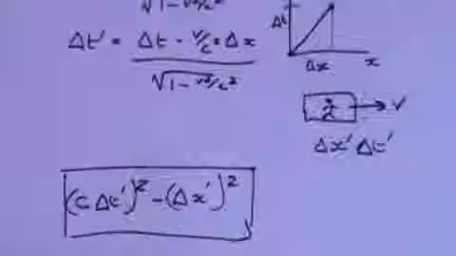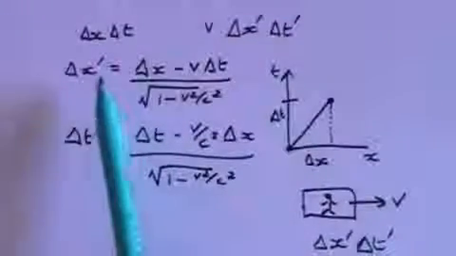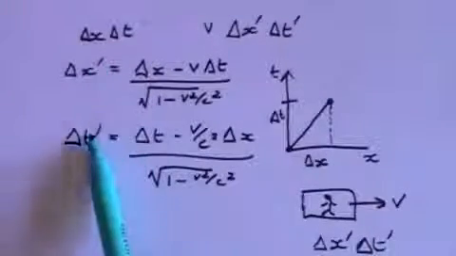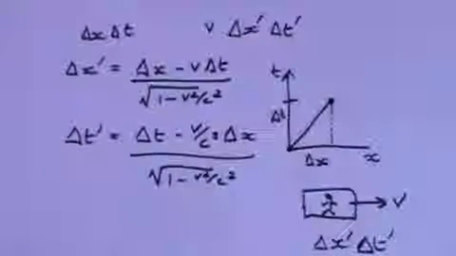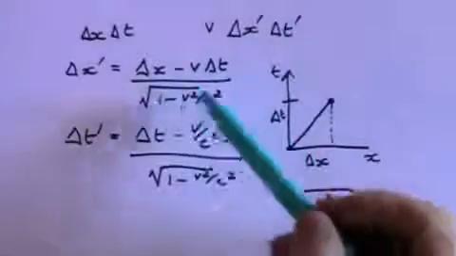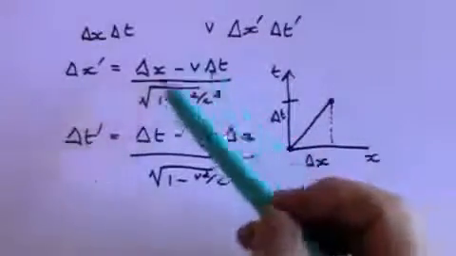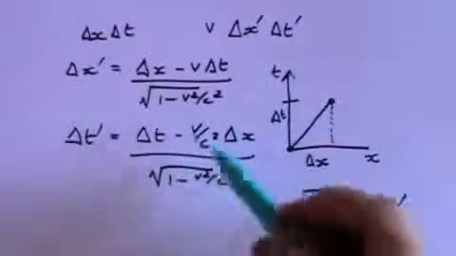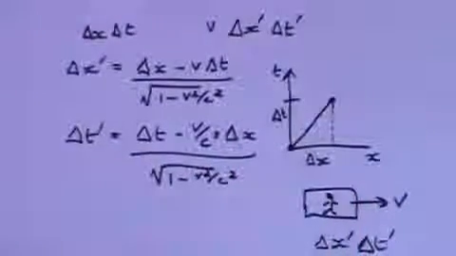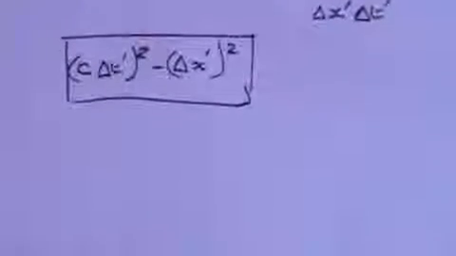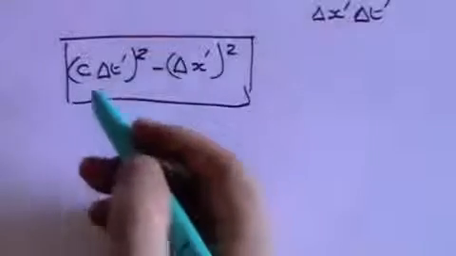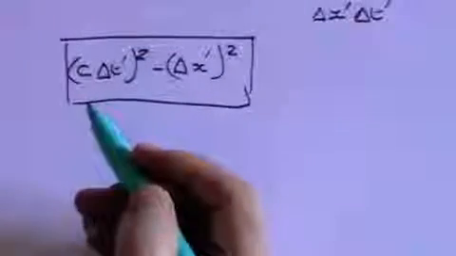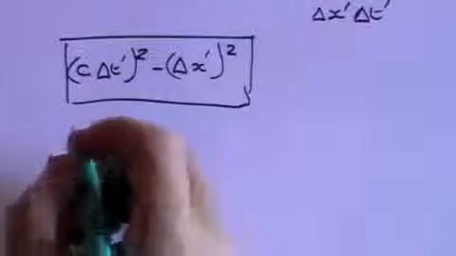Well, we've already identified what delta x prime and delta t prime are, so we can substitute this value here for delta x prime, and this term here for delta t prime.